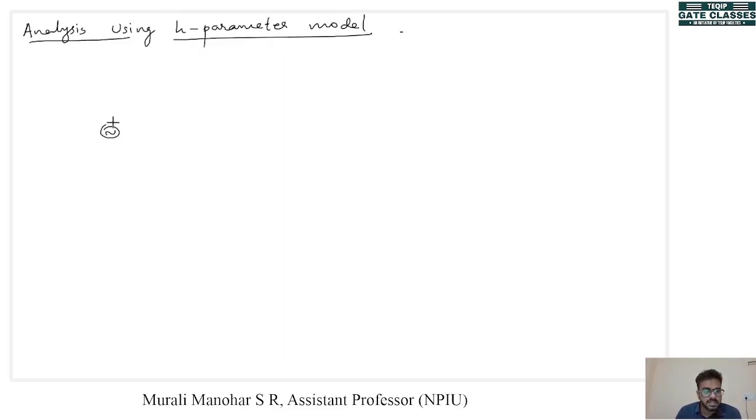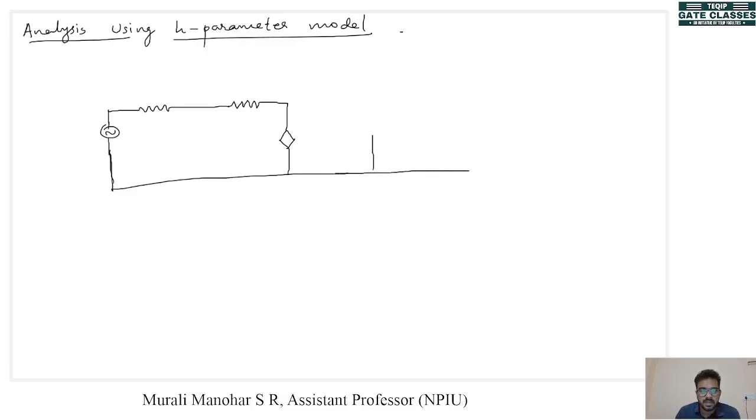The circuit is like this: Vs and Rs. At the input we have Hi, no other suffix. Here we have Hr, here we have Hf, and here we have Ho.